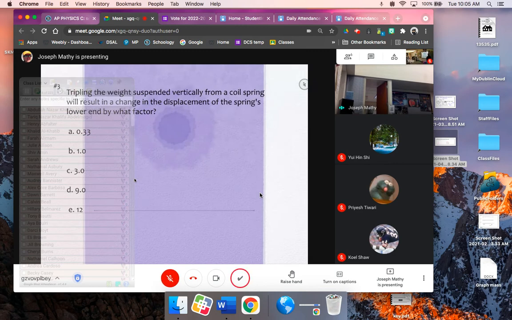So what if we triple the weight suspended vertically from a coil spring? What will that change in the displacement of the spring? Is it A, B, C, D, or E?